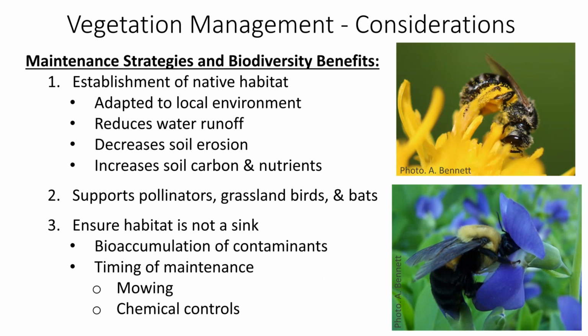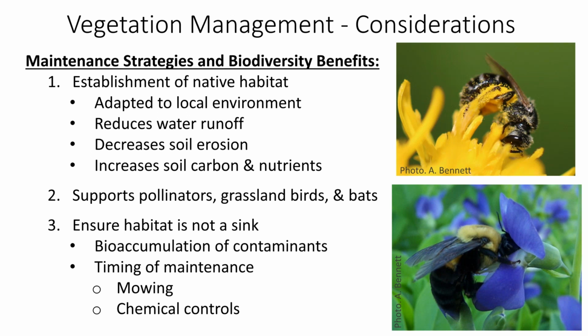So in general, when we're thinking about establishing vegetation at a solar brownfield, I do advocate the use of native vegetation. When you're thinking about what type of vegetation you want to incorporate into the site, native vegetation does have several benefits. One, you're helping to establish and recreate native habitat for whatever region in the country you're in. The use of native plants has several benefits.